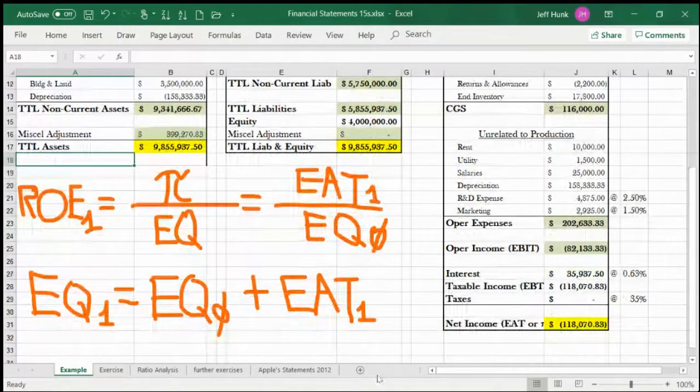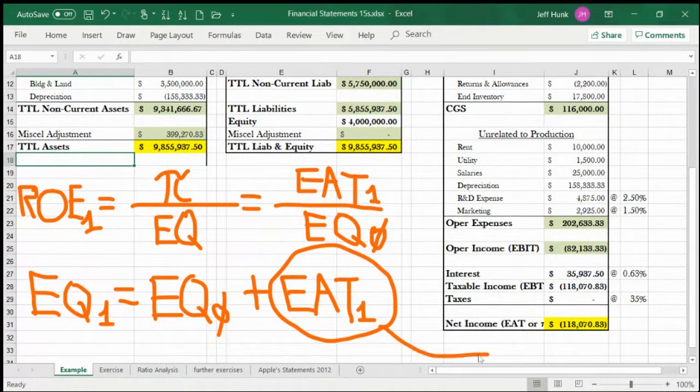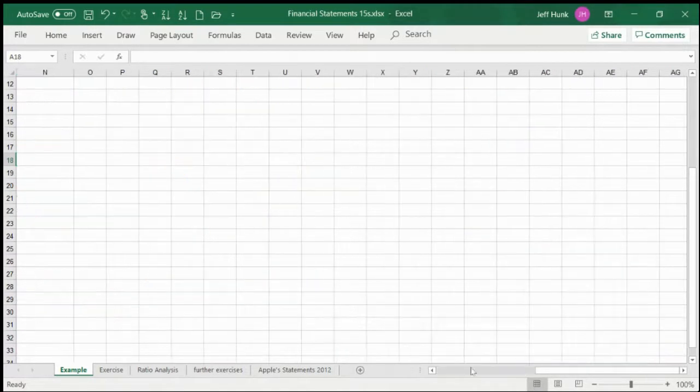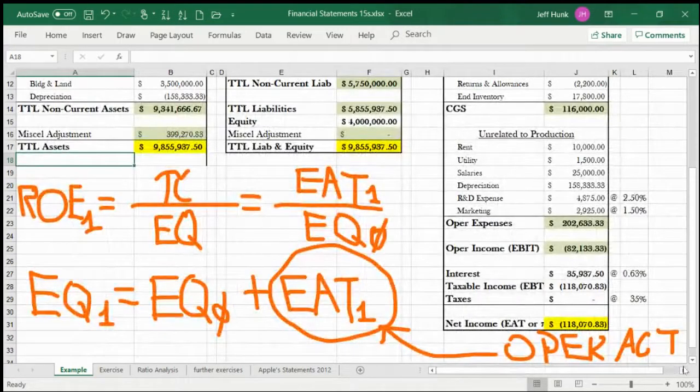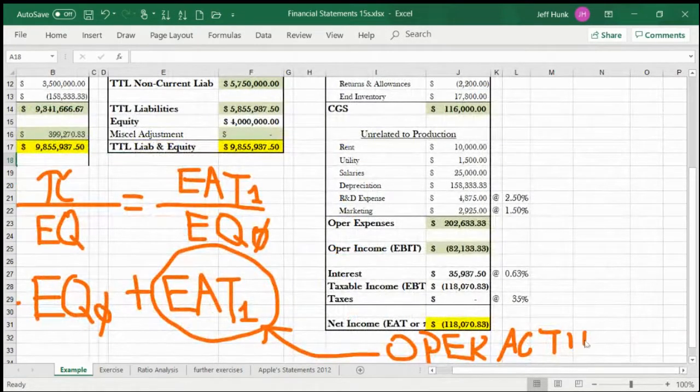So in other words, EAT is equity generated by operating activity for 1 year. Right? That makes sense.